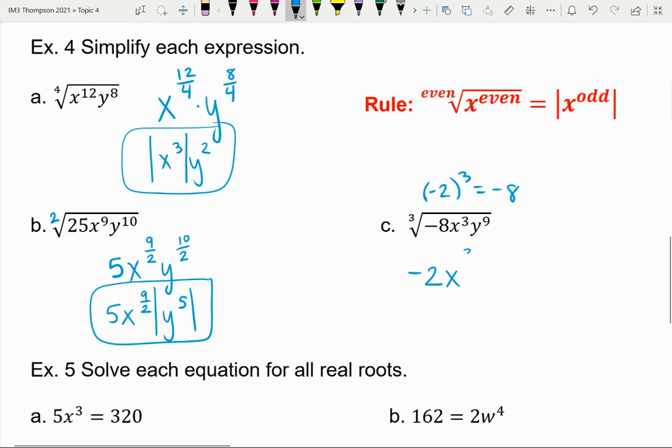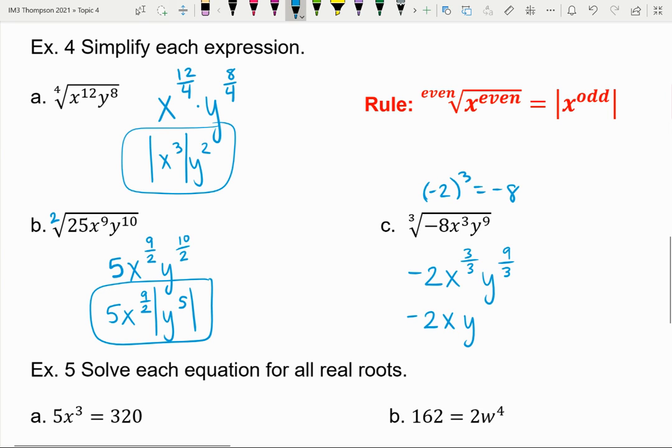X to the power of, I have an exponent of 3 and an index of 3. And then y to the power of an exponent of 9 and an index of 3. You don't have to do the in-between step if you can just do it in your head. That's fine. That leaves me with negative 2x to the power of 1. 3 divided by 3 will give me 1.